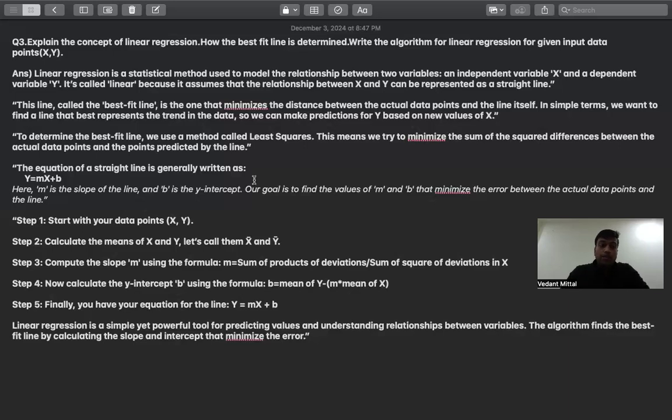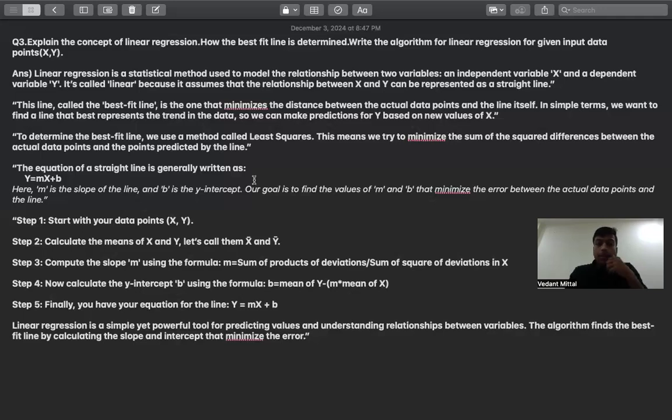The first step is to start with the data points x, y. Step 2 is to calculate the means of x and y. Let's call them x bar and y bar. Step 3 is to compute the slope using the formula: sum of product of deviations divided by sum of square of deviations in x.